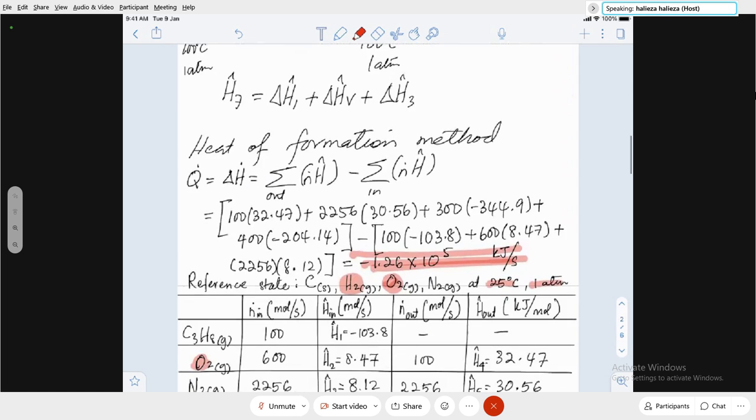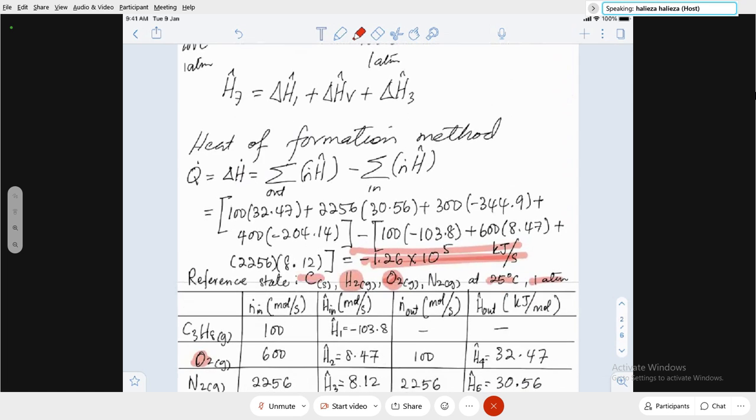In order to form it, you have to start from the elements that occur naturally. Solid carbon occurs naturally. Propane doesn't occur naturally; it has to start from carbon and hydrogen gas. Hydrogen gas occurs naturally, and oxygen gas occurs naturally, the same as nitrogen gas. So you still have 25 degrees C and 1 atm for the reference temperature and pressure. It's just that you have to start from the elements.